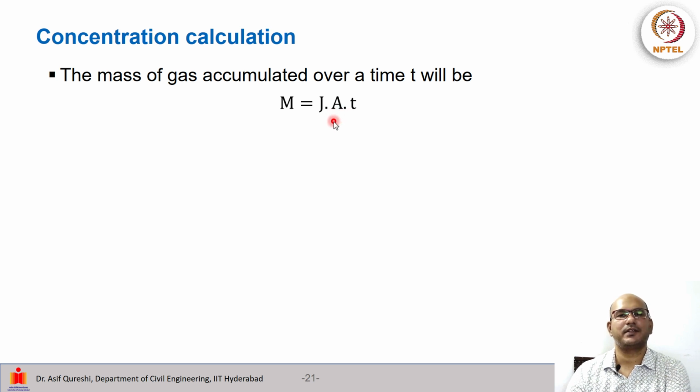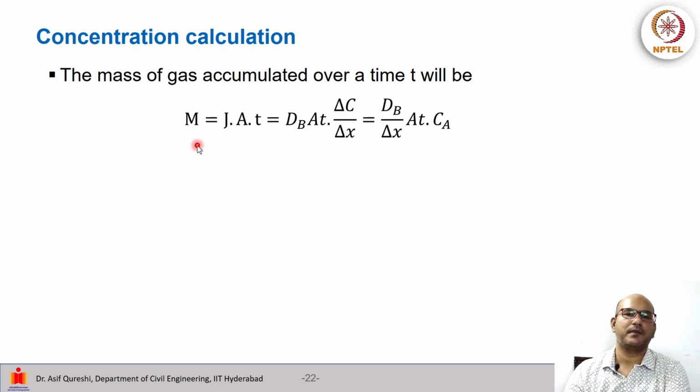When we multiply it with the cross-sectional area and the time period of sampling, we will get the total mass of the analyte or the gas accumulated on the adsorbent. So M equal to J times A times T, and we know from before J is DB multiplied by delta C divided by delta X. So we will get the expression M equal to DB A T delta C by delta X. If we rewrite it, we have DB by delta X, A, T multiplied by Ca, because Cs was 0.